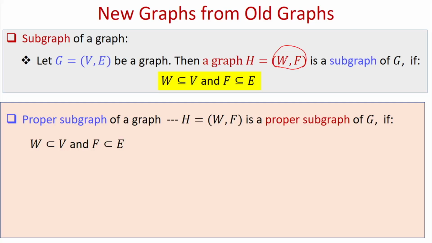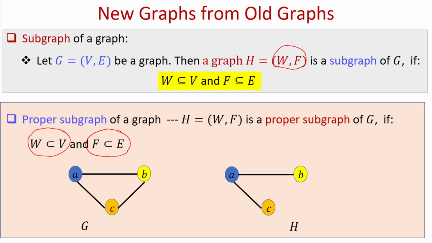So say my definition is that graph H will be called a proper subgraph of G if either the vertex set of H is a proper subset of the vertex set of G, or the edge set of H is a proper subset of the edge set of G. Suppose that is my definition.